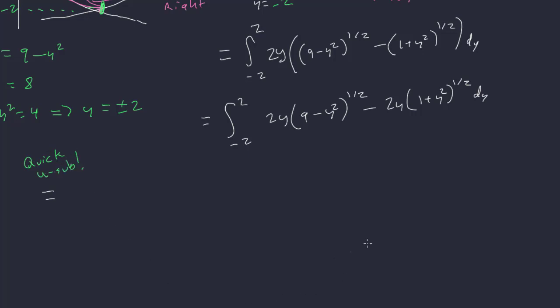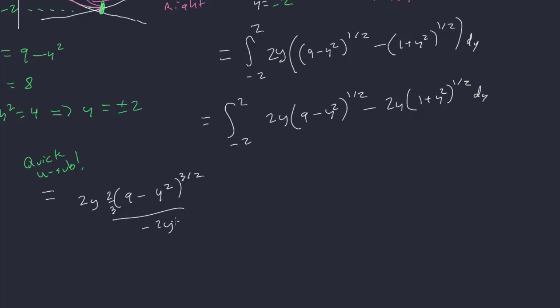It's going to really come in handy here because I have the derivative of the inside sitting on the outside, essentially. Right, so for quick U substitution, I'll leave the 2y alone. Then it's going to be 9 minus y squared to the 3/2, right, times 2/3. Then I just need to divide by the derivative of the inside, which will be negative 2y.